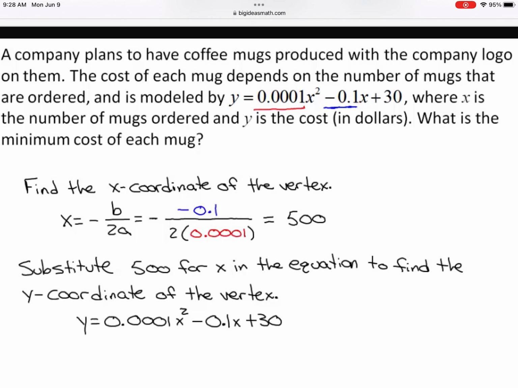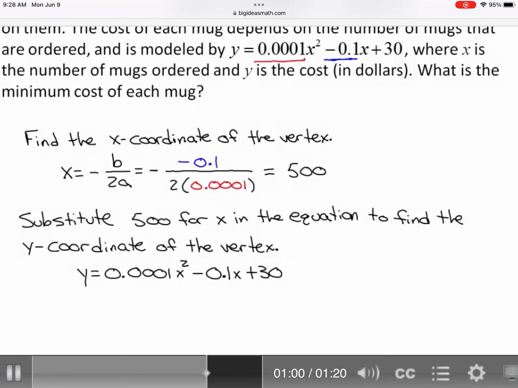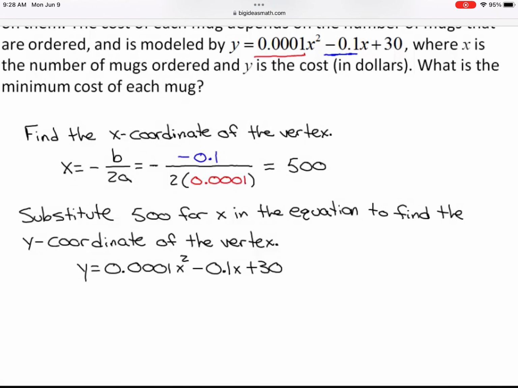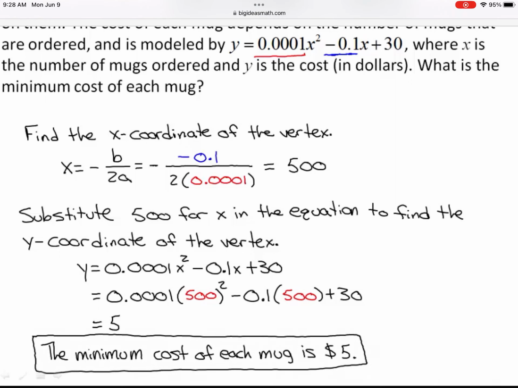Y equals 1/10,000th x squared minus 1/10 x plus 30. Substituting 500 for x gives y equals 1/10,000th times 500 squared minus 1/10 times 500 plus 30, which simplifies to y equals 5. Because the y-coordinate of the vertex is the minimum cost of each mug, the minimum cost of each mug is $5.